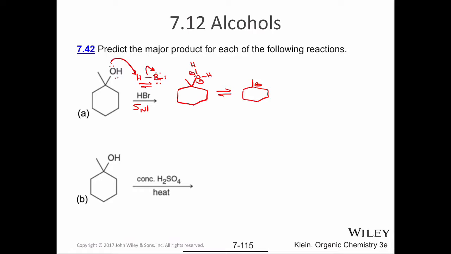So there's my tertiary carbocation. And in the last step, the bromide that I formed in the first step, when I broke the bond between the hydrogen and the bromine, is going to come in as a nucleophile and attack that carbocation to give me the tertiary alkyl bromide. So this is my product.